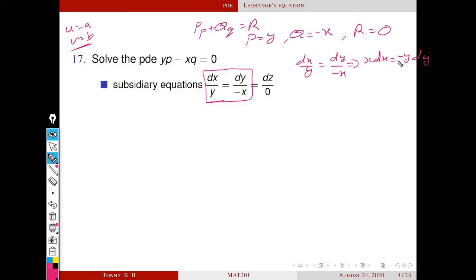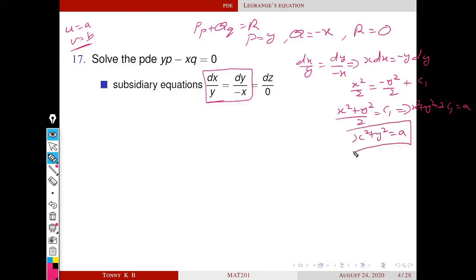So x square by 2 is equal to minus y square by 2 plus some arbitrary constant c1. Then x square plus y square whole divided by 2 equal to c1, and this implies x square plus y square equal to 2c1. Here c1 is an arbitrary constant, so let it be a. So we get one solution, which is x square plus y square equal to a. This is the first solution from these subsidiary equations.